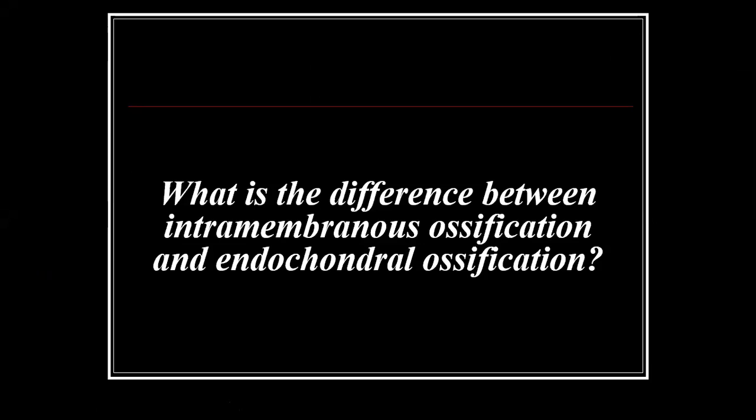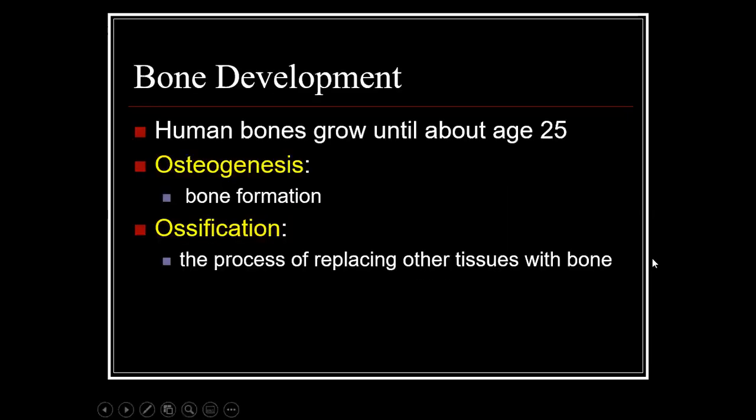Ossification is the formation of bone, so that's easy. Intramembranous would mean in between membranes, and endochondral would be within cartilage. So what is the difference between in-between-membrane bone formation and within-the-cartilage bone formation is the question.